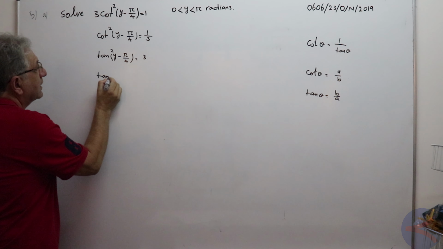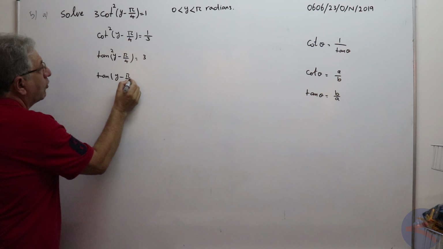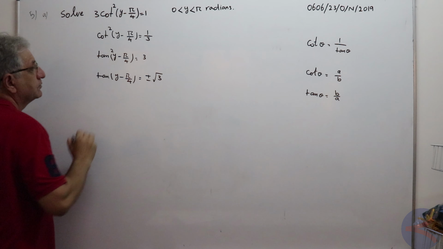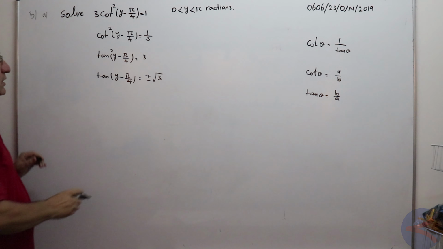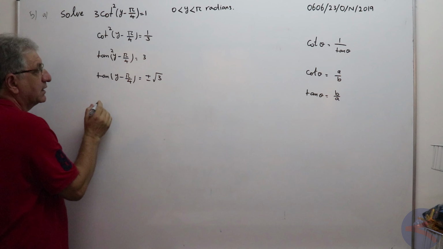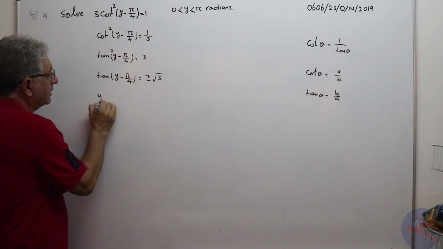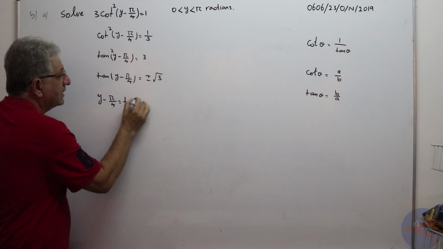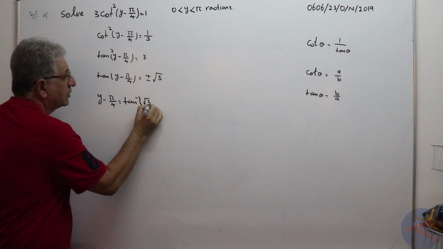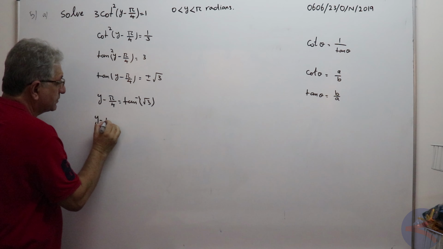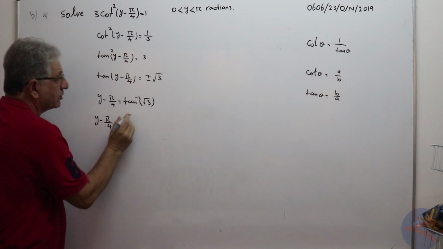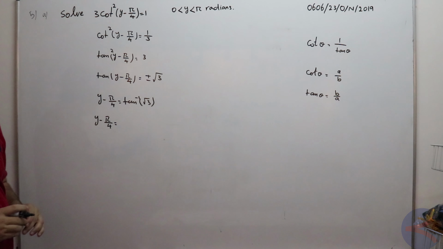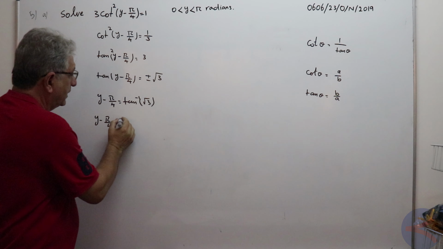Therefore, tan (y minus pi over 4) is equal to plus or minus the square root of 3. Now, forget the negative part, we take care of it later on. Therefore, y minus pi over 4 is equal to tan inverse of the square root of 3, which is pi over 3.